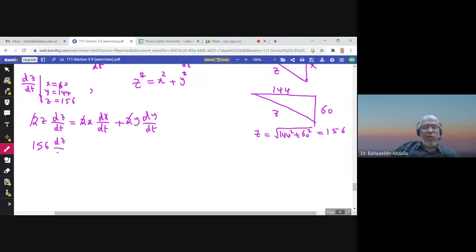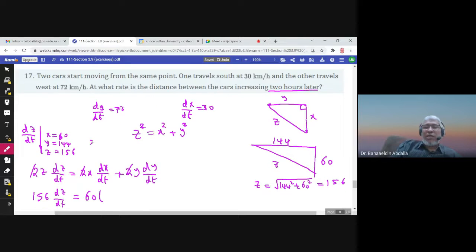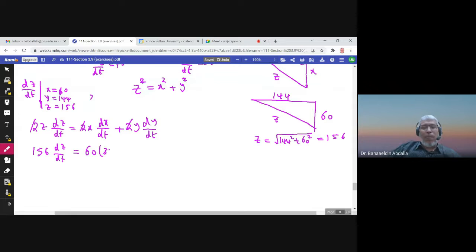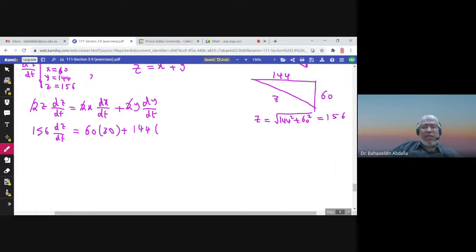It's unknown, equals x is 60. dx by dt is 30. Y is 144. dy by dt is 72. So dz by dt would be equal to 60 times 30 plus 144 times 72.